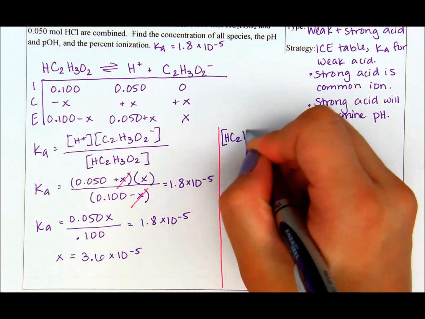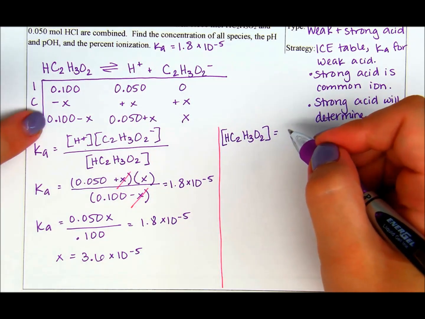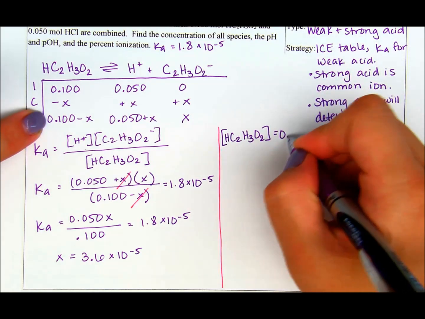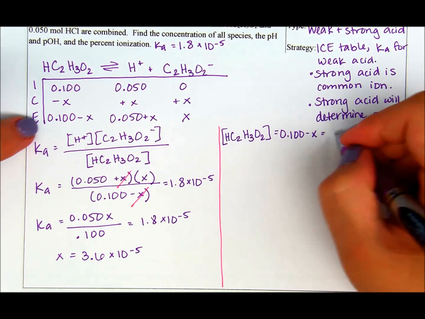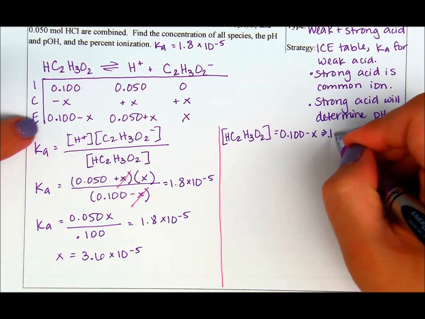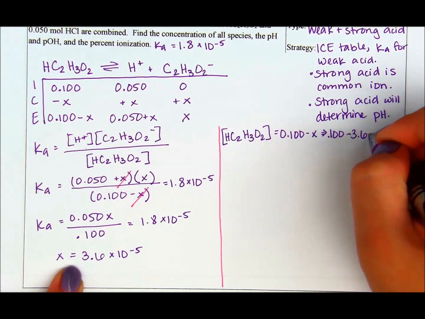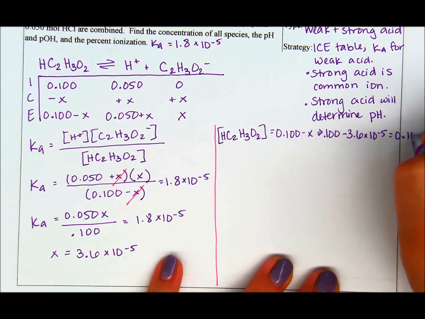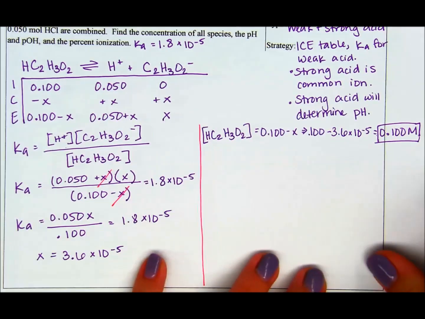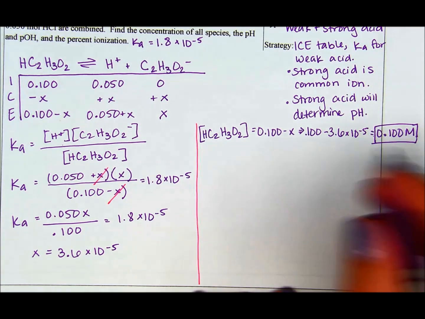Concentration of acetic acid equals 0.100 minus X, 3.6 times 10 to the negative 5, which is still 0.100 molar. And that's, again, why we could safely ignore that X. It didn't make a difference. It doesn't even make a dent.